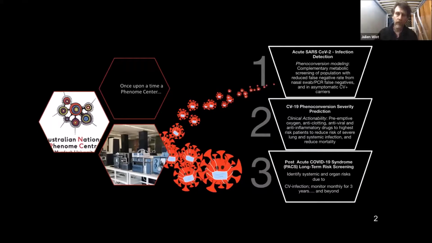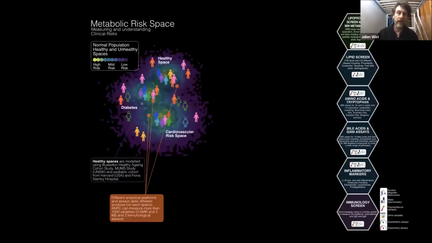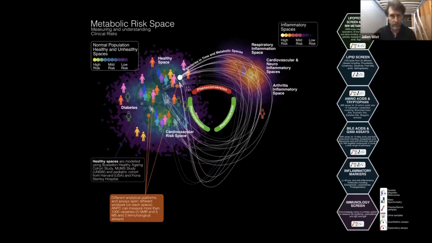So this explains the concept a little, but then there is our hypothesis of how the phenotype conversion happens, from what we call a healthy space into an inflammatory space due to infection by various viruses. Our hypothesis is that we have different people in this healthy space, or what we would call a normal space, since not everybody in the normal population is actually healthy.